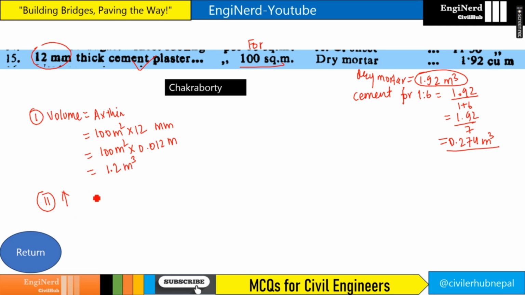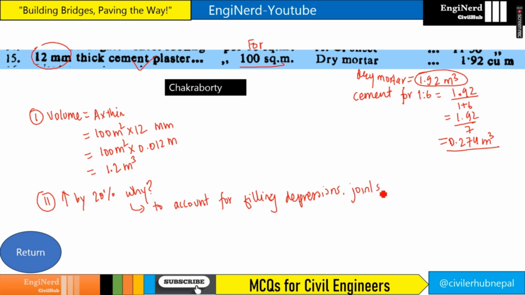We will be increasing this 1.2 meter cube by 20% to account for filling, depressions, joints, and wastages etc. Increasing something by 20% is multiplying by 1.2, right? So 1.2 into 1.2 is 1.44, right?